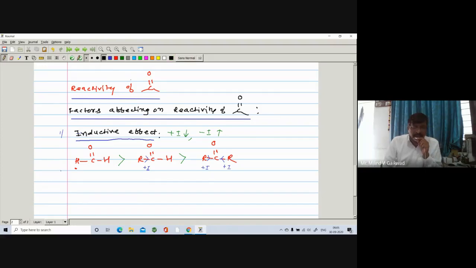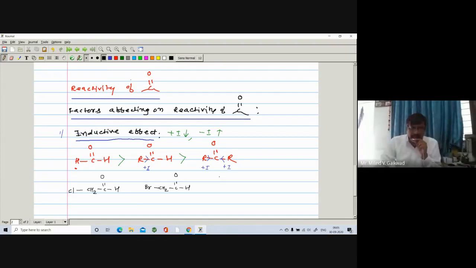Suppose you are having CH3, C double bond O, H, that is acetaldehyde, and I have replaced one of the H by Cl. Here is Cl, CH2, C double bond O, and H, right? Then there is Br, CH2, C double bond O, and H.